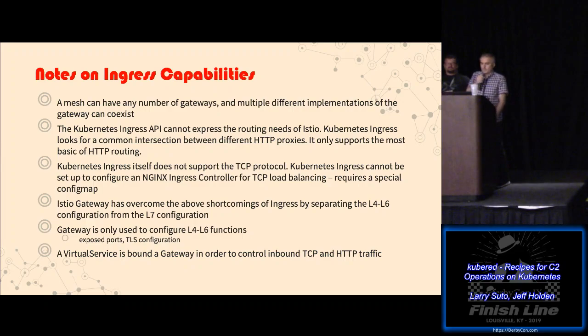Okay, so some notes on Ingress capabilities. A mesh can have any number of gateways, and multiple different implementations of the gateway can coexist. The routing API expresses the routing needs of Istio, whereas Kubernetes Ingress is kind of focused on HTTP.